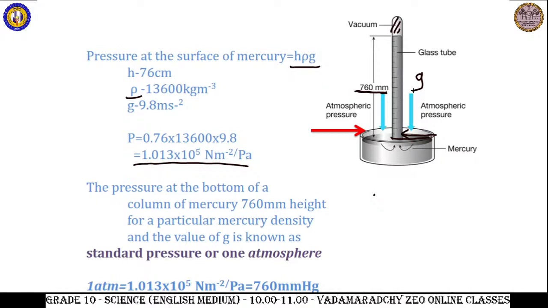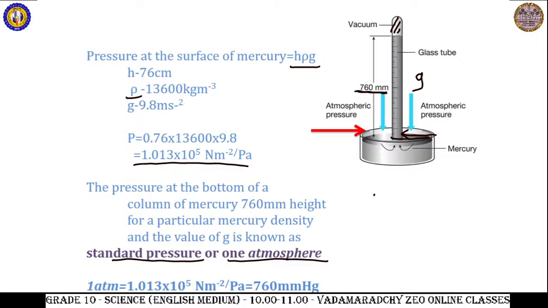The standard pressure means the pressure generated by a 76 centimeter mercury column. How much pressure is generated by the 76 centimeter mercury column, we call it the standard pressure or 1 atmosphere.